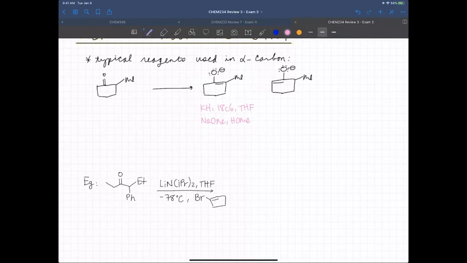So don't use that. Use LDA as well. You can use LDA at how many equivalents? 0.95 or 1.05. Oh yeah. Naomi and her homies is one of the reagents I introduced to my Orgo 1 students as well. So it's a small base, right?